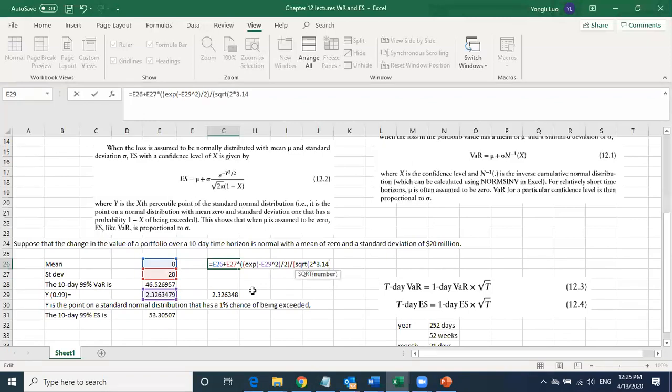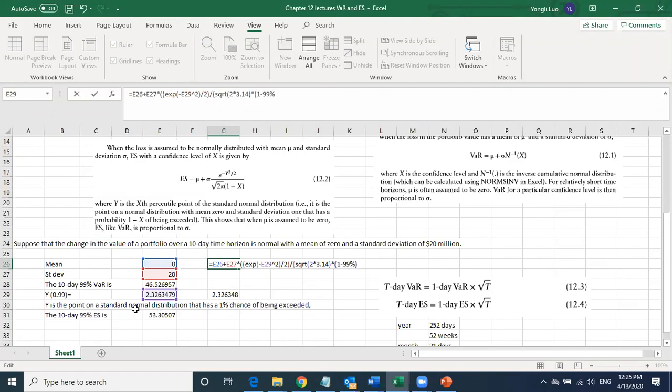Square root of 2 times pi, times 1 minus x, where the x you have is 99%.